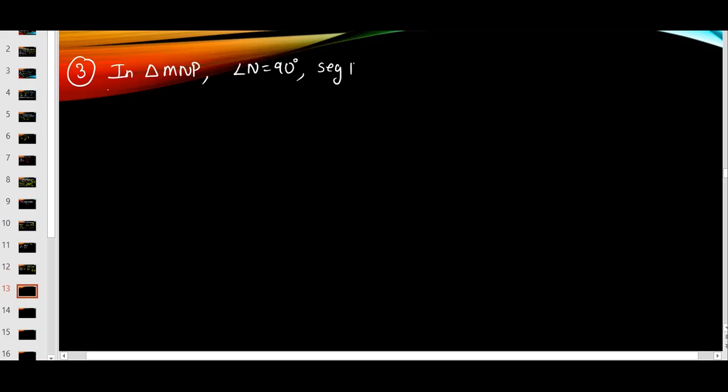Segment NQ is perpendicular to segment MP. Information given to us here is MQ is 9, QP is equal to 4, and the question is find NQ. I'm not going to give you a diagram. You have to draw the diagram and solve because all the information is already given to you.